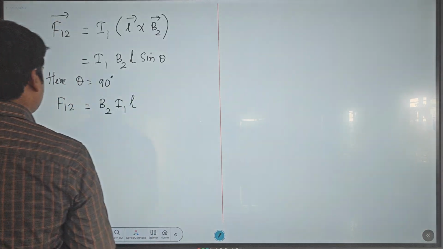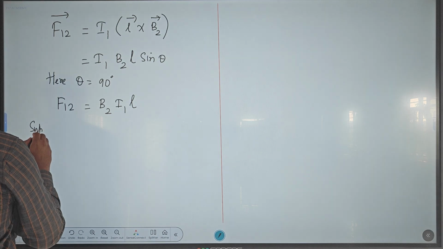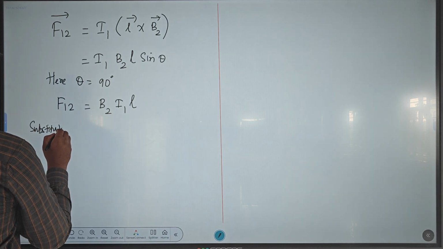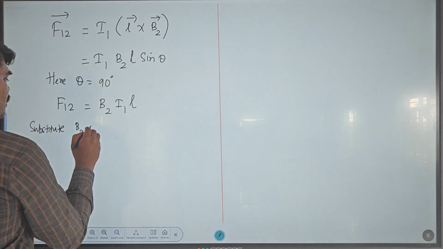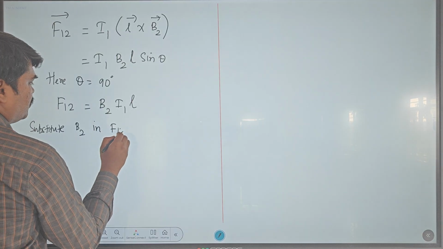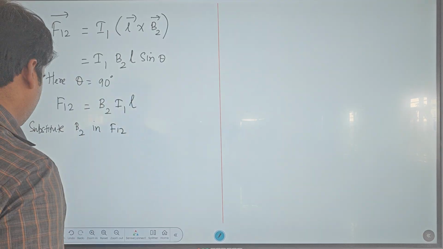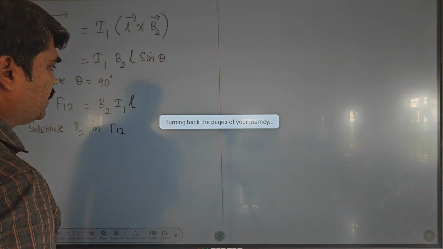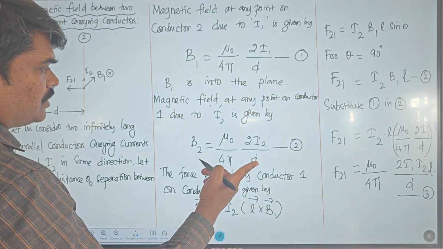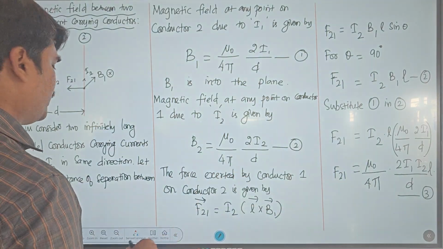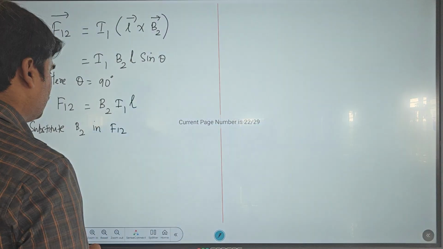Again, if I substitute the value of B2 in F12, you can also put a number to this. Previously we had numbered it till 3, so I can take it as equation 4 also. You can write it likewise also, both are fine.